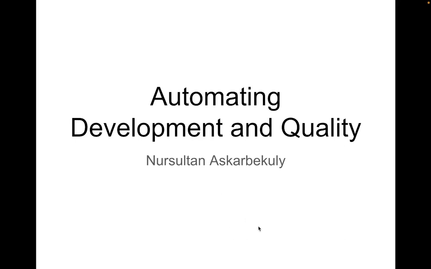Today we want to see some examples of how we can automate development and quality, how we can make our life easier, especially as our product progresses. In particular, we will touch upon several topics. One of them is DevOps, which is a huge topic, but we will look at some of the definitions and also some of the common practices within DevOps.